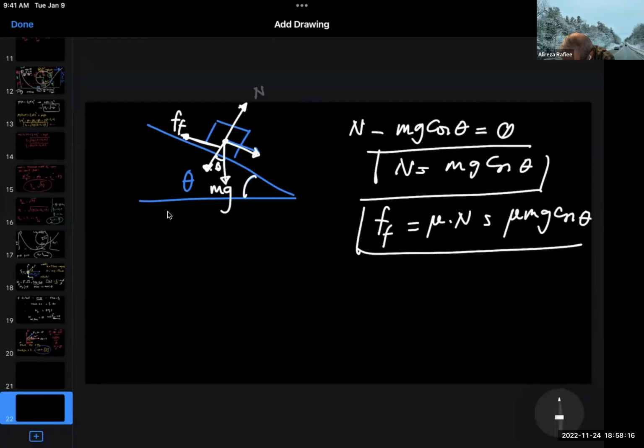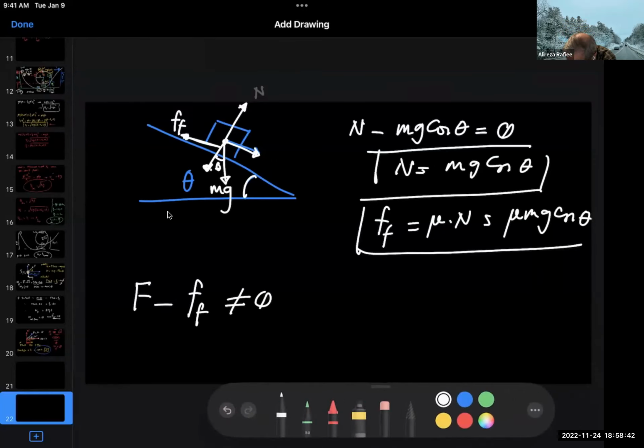If I need this object to slide down, I need a force which, when I subtract it from F of f, becomes just a little higher than 0. If it's not 0, then it accelerates downward, and that's exactly what we need. So the minimum amount is when it's exactly equal.